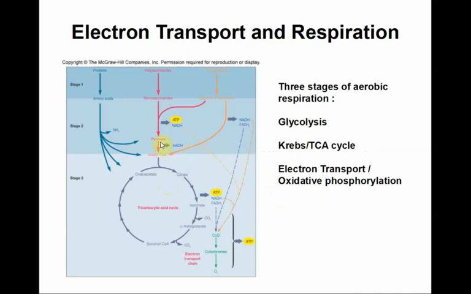So you get pyruvate to acetyl coenzyme A, which combines with oxaloacetate to give you citrate. So 2 carbons, 4 carbons, 6 carbons here.